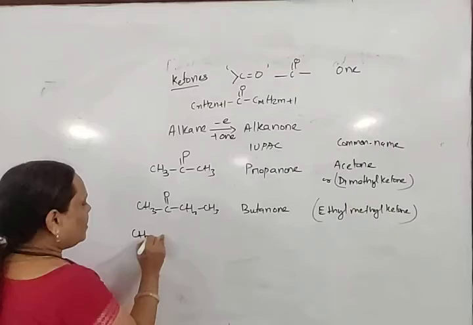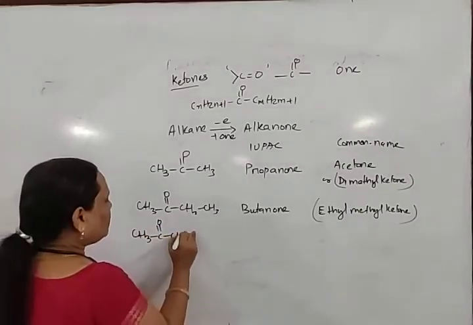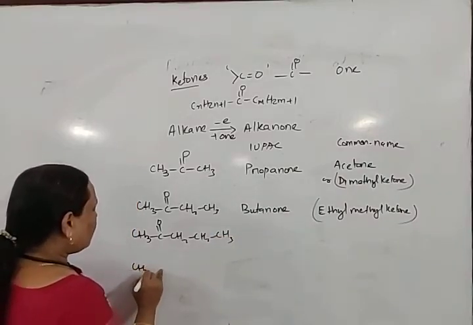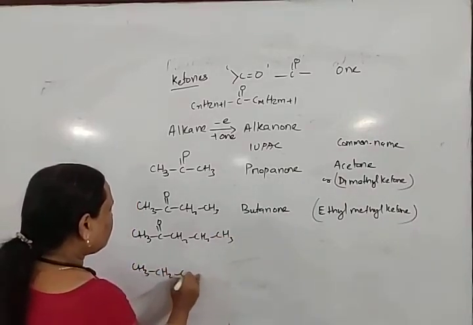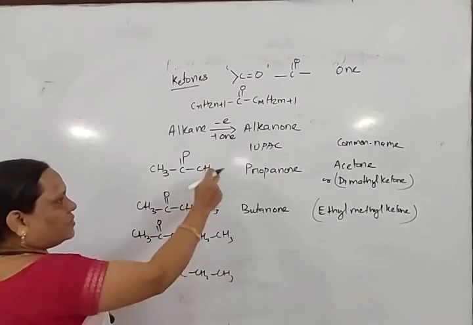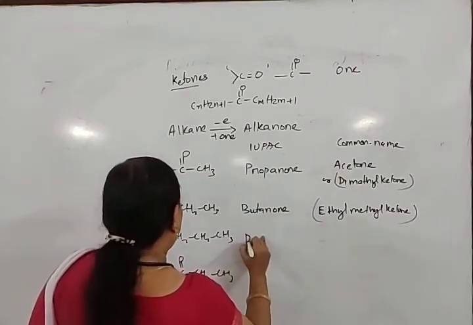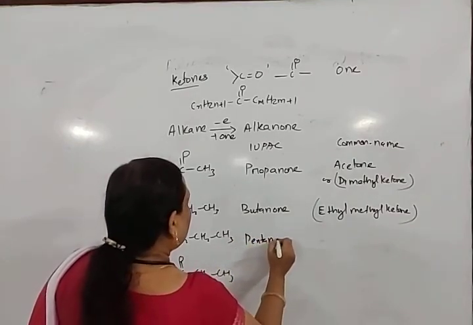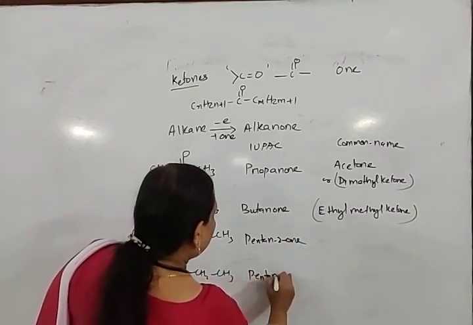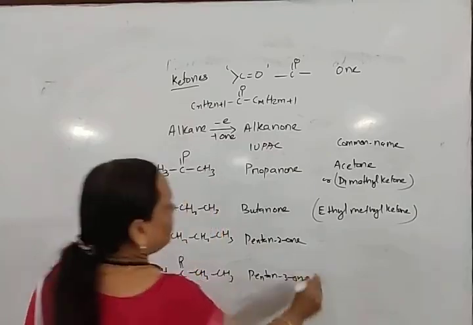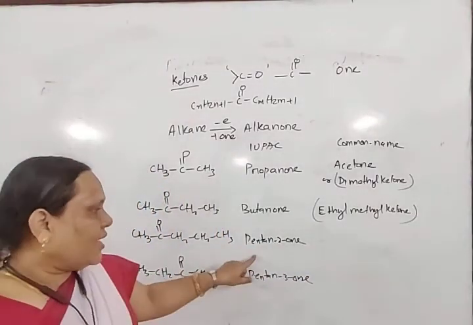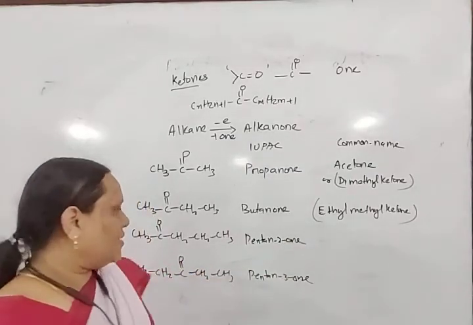Similarly, CH3, CO, CH2, CH2, CH3, and another, CH3, CH2, CO, CH2, CH3. Its IUPAC names are pentan-2-one and pentan-3-one.